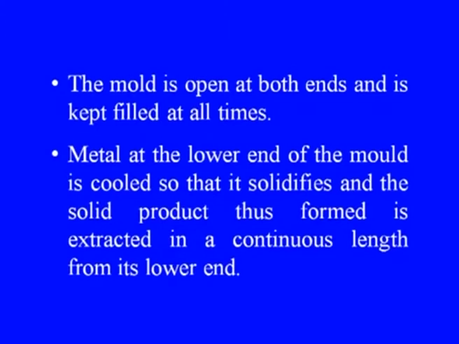The mold is open at both ends and is kept filled at all times. Metal at the lower end of the mold is cooled so that it solidifies and the solid product thus formed is extracted in a continuous length from its lower end.